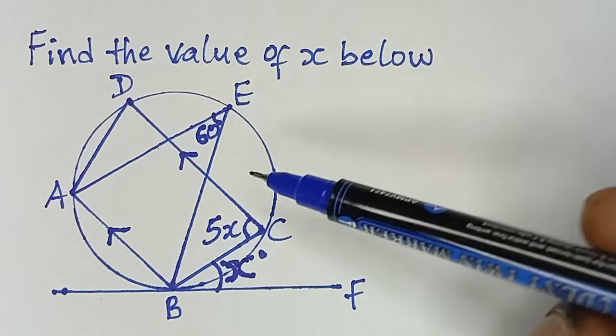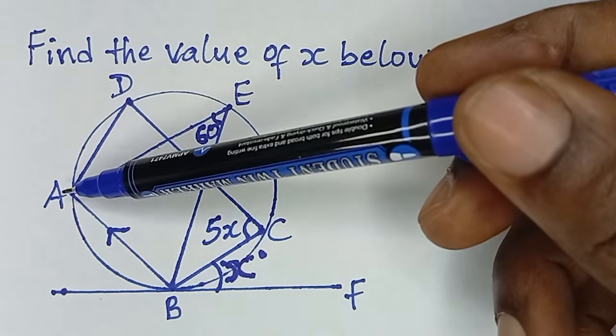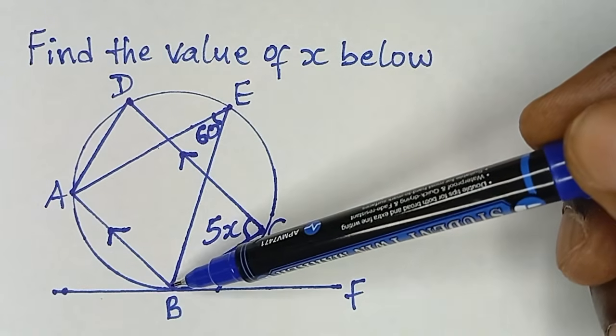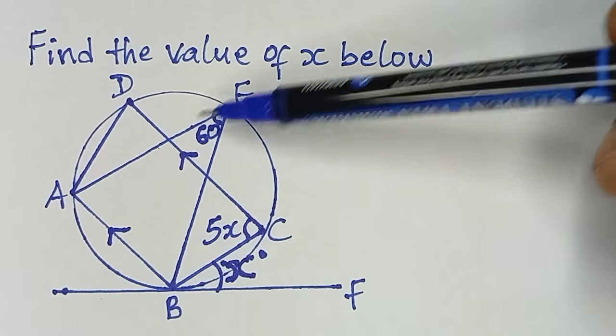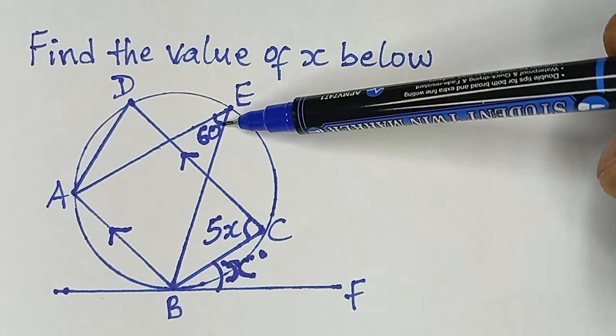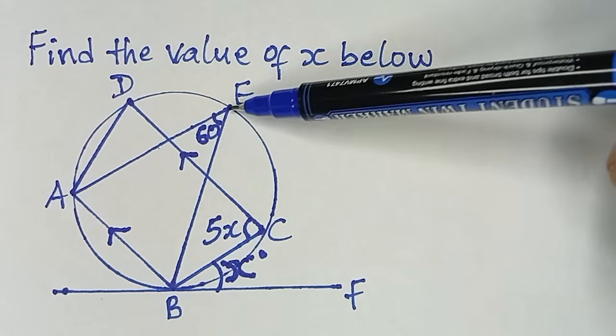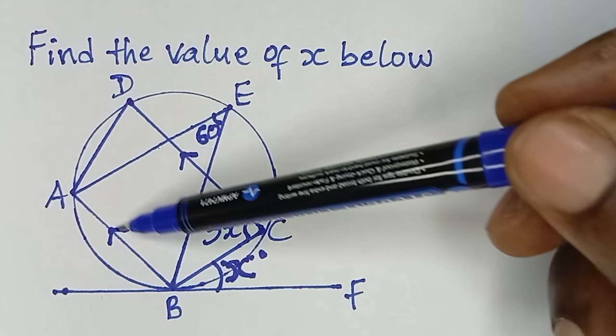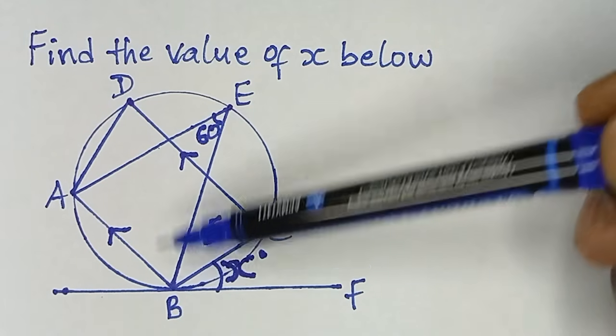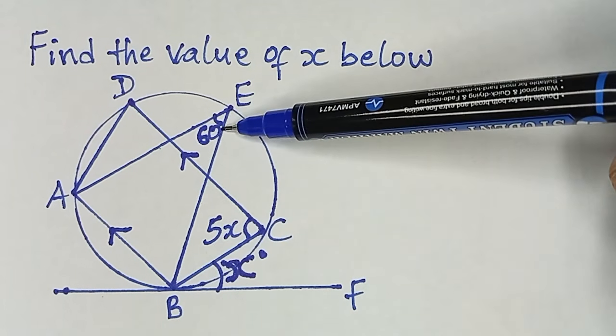Now, the first thing I would like us to establish here is to look at this chord AB. So this chord AB makes this angle 60 degrees inside this triangle AEB. Don't forget, a side of a triangle has its opposite angle.